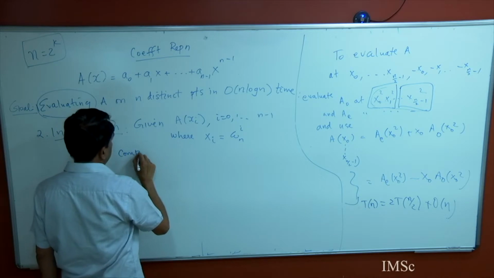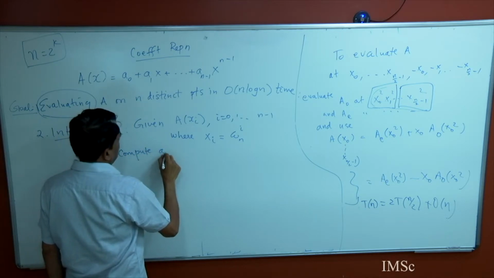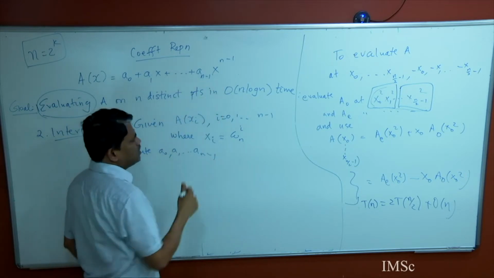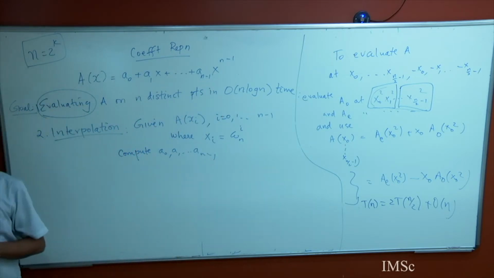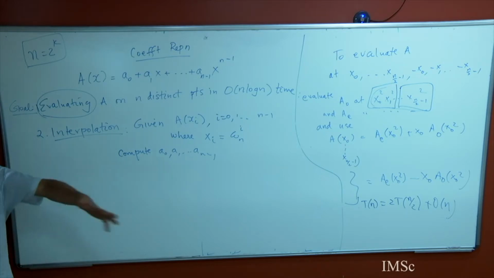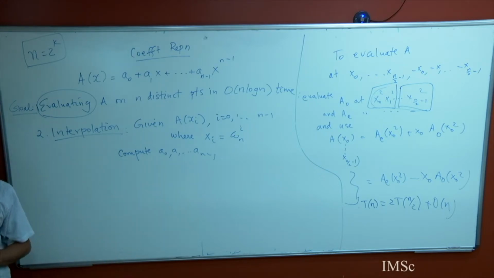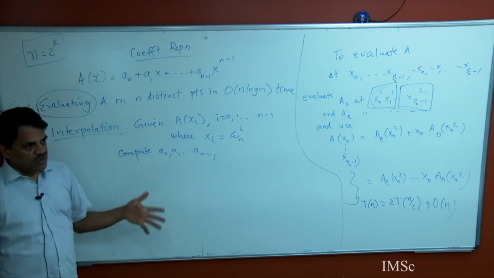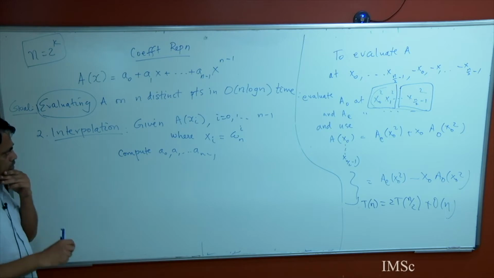Compute a0, a1, up to a n minus 1. I want to get the coefficients, right? So given a polynomial in coefficient form, we evaluate it on these points, get the point value representation, do a pointwise multiplication, and get the product polynomial in the point value representation, and then we are going to apply this to get back the coefficients of the product polynomial.